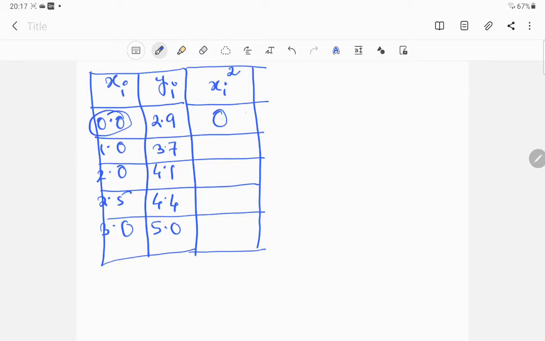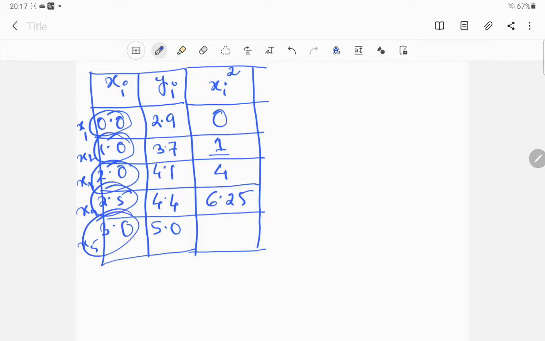This is x1, this is x2, this is x3, this is x4, this is x5. Next you need to find x2 square. 1 square is 1, 2 square is 4, 2.5 square is 6.25, and 3.0 square is 9.0.